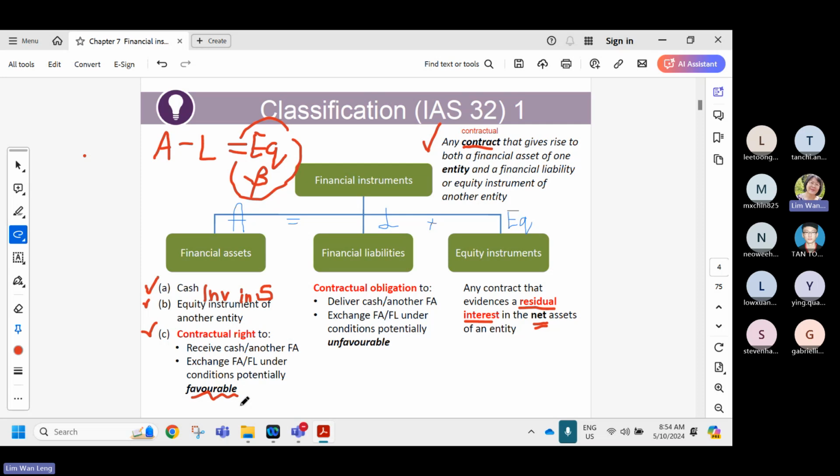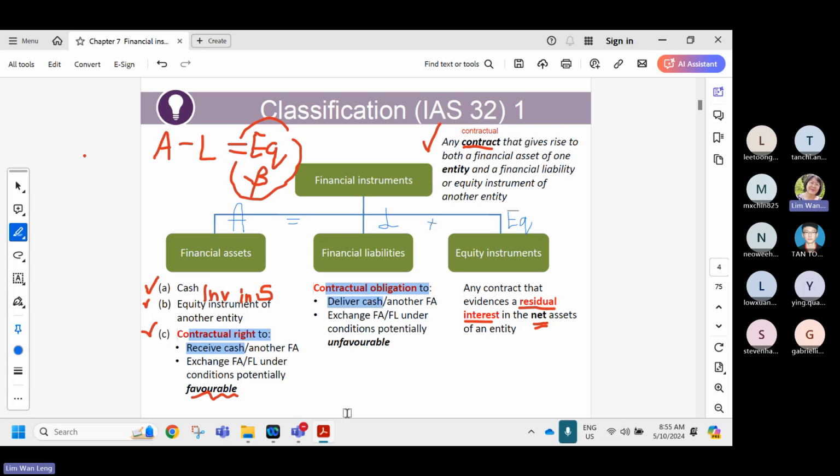So if you contrast it to the financial liabilities, of course, we know assets and liabilities are two extreme ends, the opposites. In terms of assets, we are saying that this gives you a contractual right to receive cash. So in other words, over here, you have a contractual obligation to deliver cash.